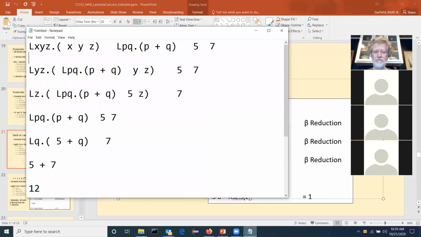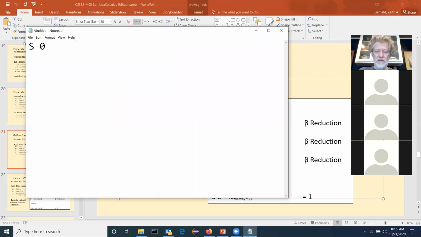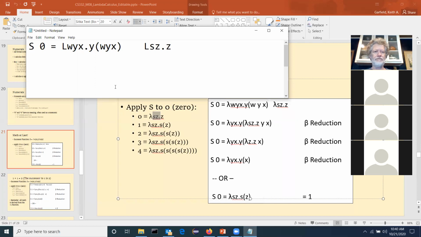If I bring that back up, the successor function applied to 0 is equal to lambda w y x. y(w y x), and we're going to apply that to 0, which is lsz.z. Make sure I get that right. Okay.